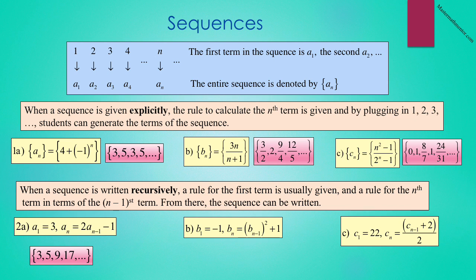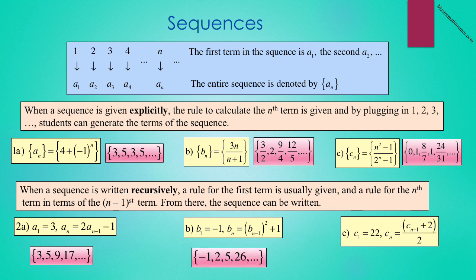The second term is 2 times the first term minus 1, which is 5. The third term will be 2 times the second term minus 1, which is 9. The fourth term will be 2 times the third term minus 1, which is 17, etc.